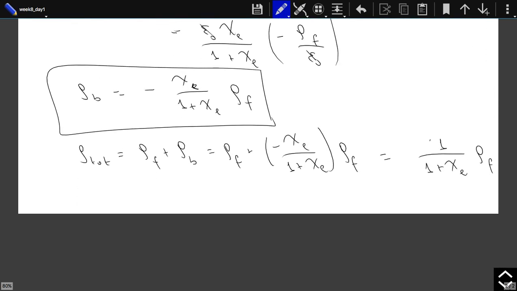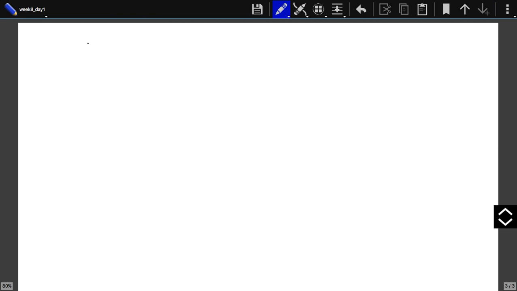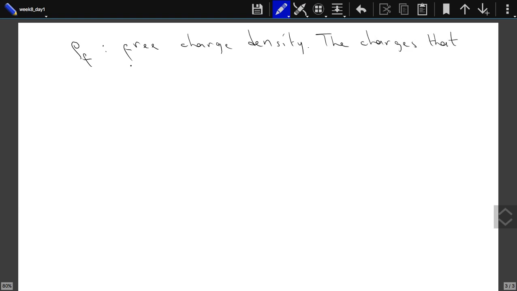So we have these three, we are always talking about these three different charges. Rho F. This is what we will call the free charge density. These are the charges that we put. So we can put it, we can take it away, we can just move them around. Those are the things that we control.